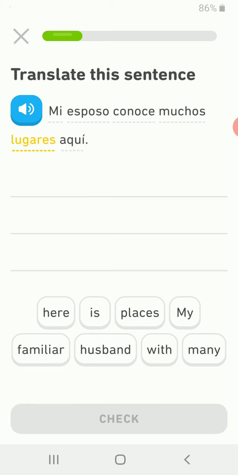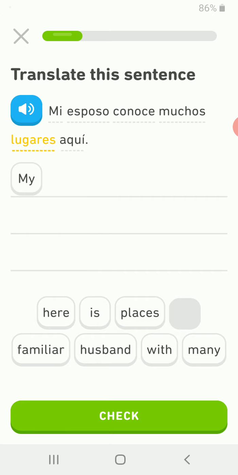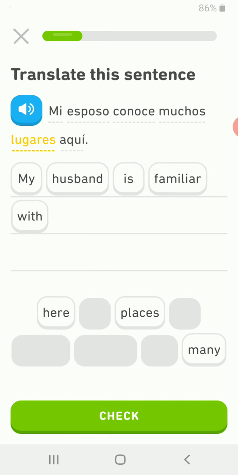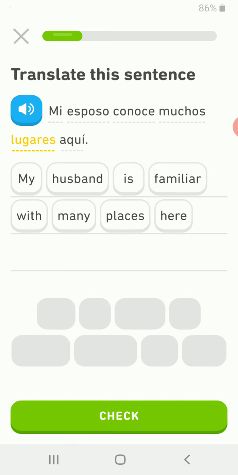So la gente is not a new word for me because, like I said, I'm a false beginner. I've been studying Spanish on my own for quite a long time.